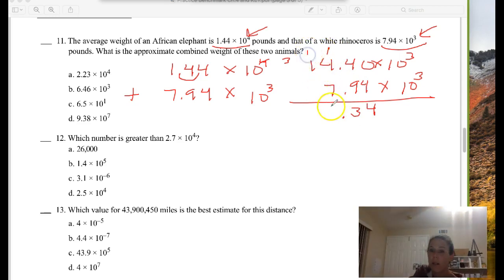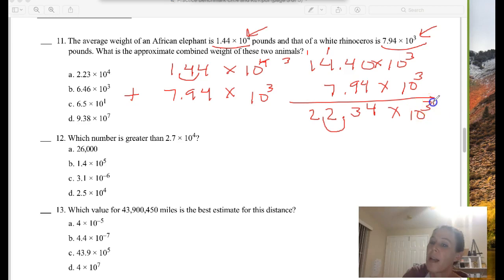So 1, 2. Bring down the 2, and then 2 and 2 right here. So I get 2.34 times 10 to the third. Now this is not in scientific notation, because in scientific notation, my first number here has to be between 1 and 10. And this 22 is too big, so I need to move this decimal over one place.